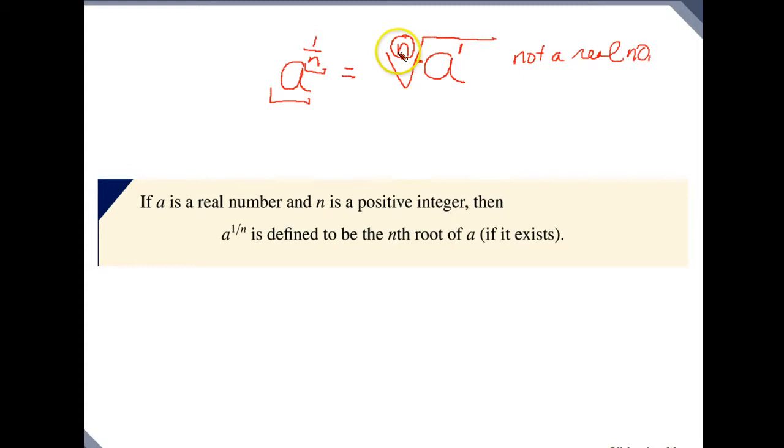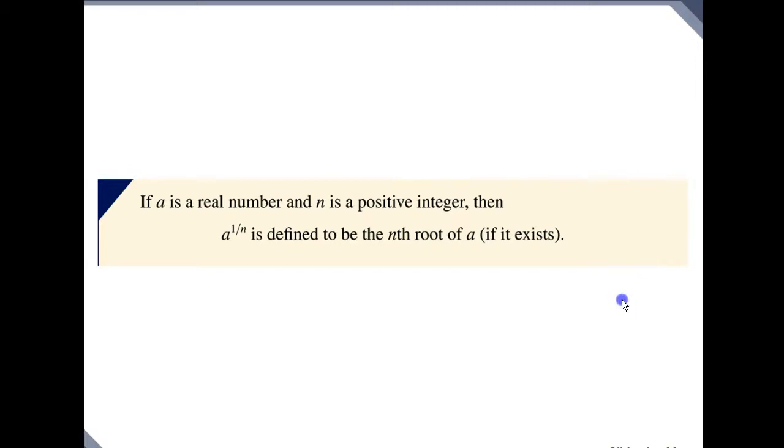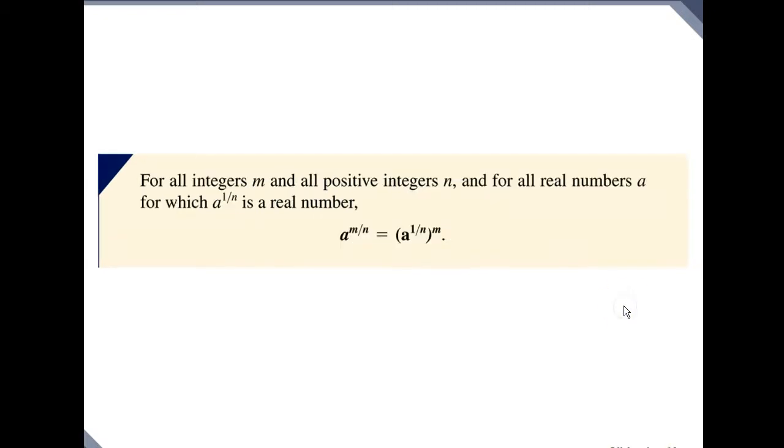But if this index number is odd, such as 3, 5, 7, then it's okay to have a negative radicand. Okay? And hopefully that's what they're asking you to look at here. Maybe they'll give us some examples.